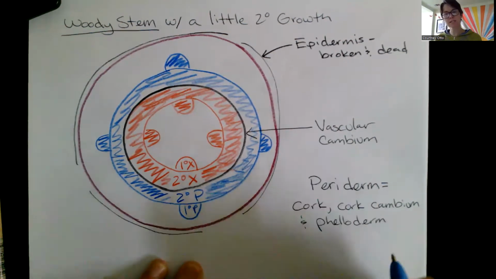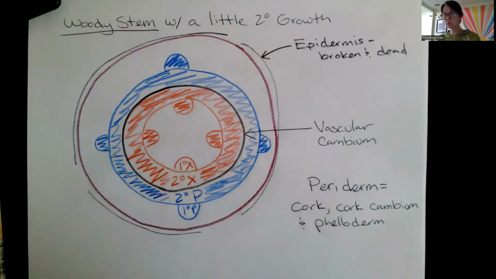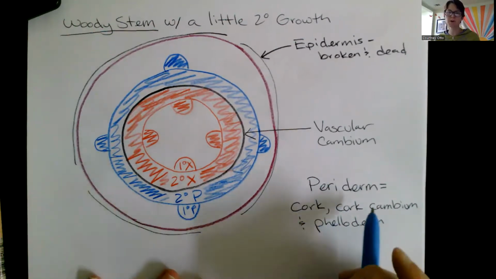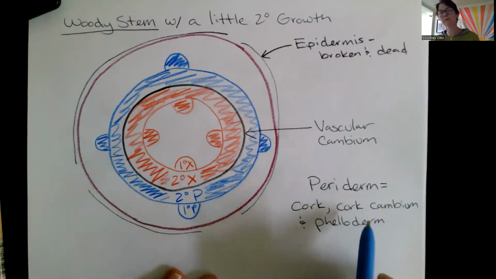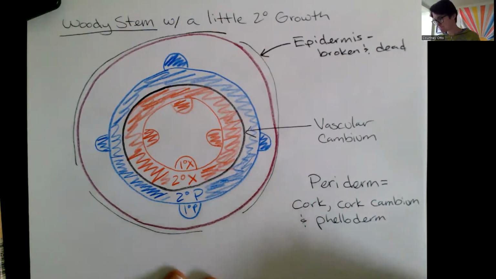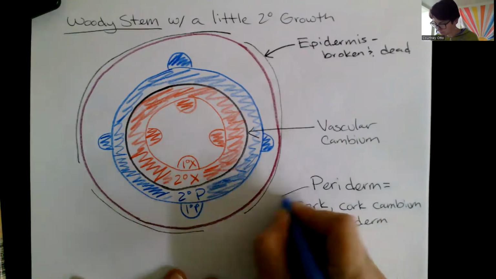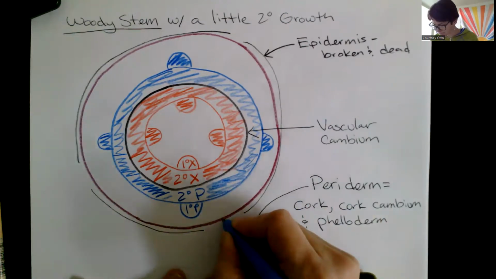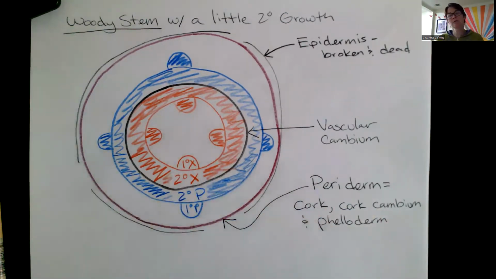So it's all of those collectively. Sometimes it's hard to tell them apart, and it's useful to use this collective term. We're going to use it because a lot of the slides that we have in our collection, we won't be able to tell between those easily, and so we'll use that collective term. And so that new periderm is forming essentially the new outside.